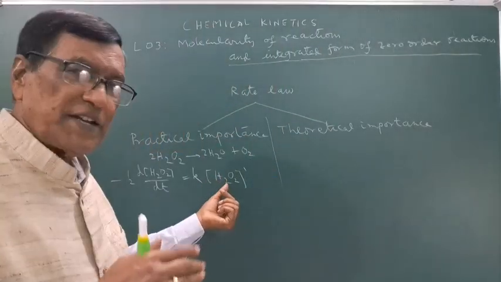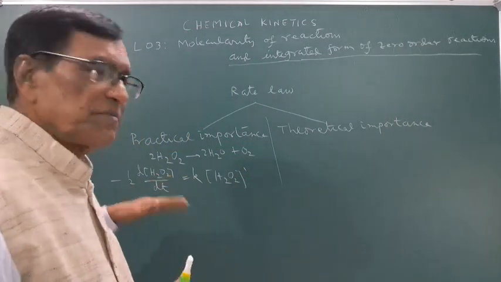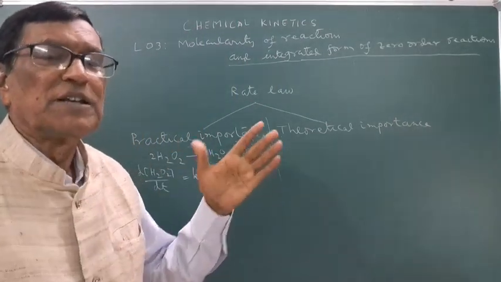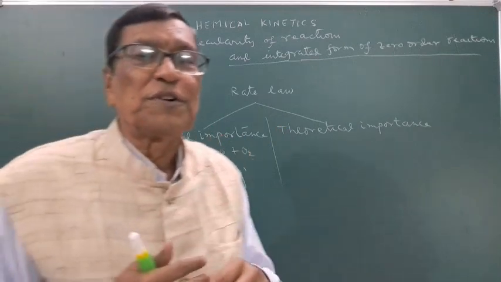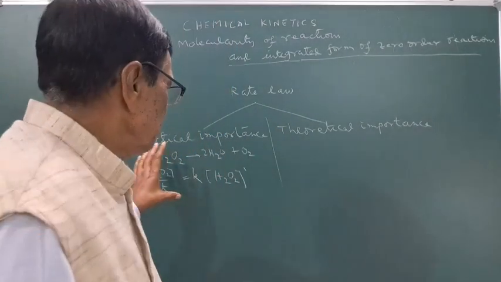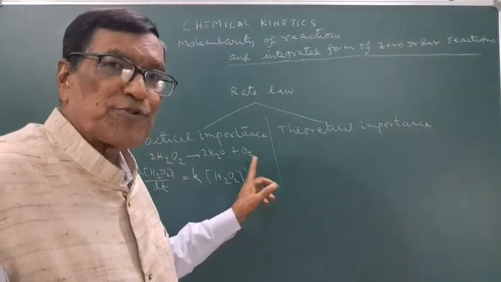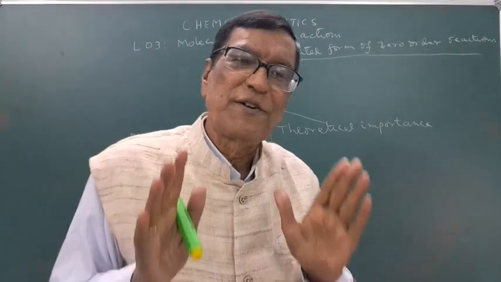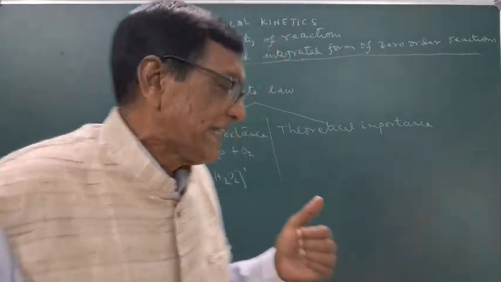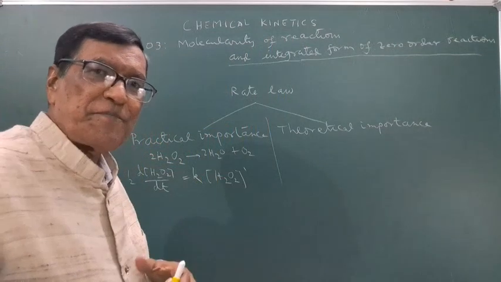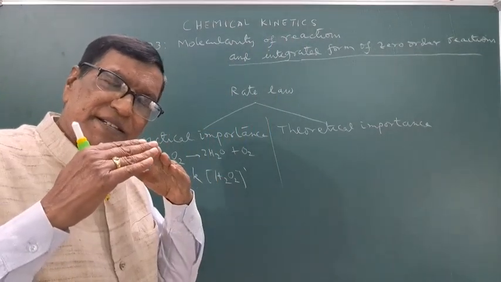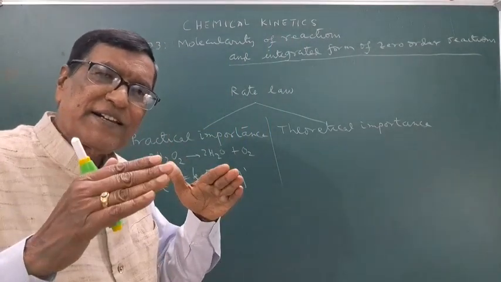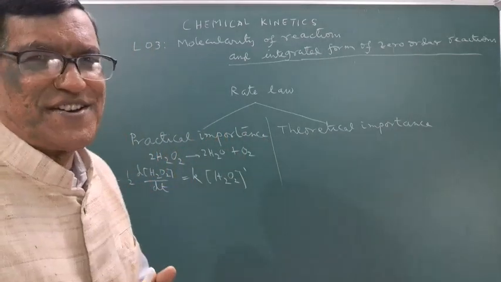If the hydrogen peroxide is doubled, then the rate of this reaction is also doubled. So from that you can conclude that the rate of this reaction is directly proportional to the concentration of hydrogen peroxide. K is a rate constant.